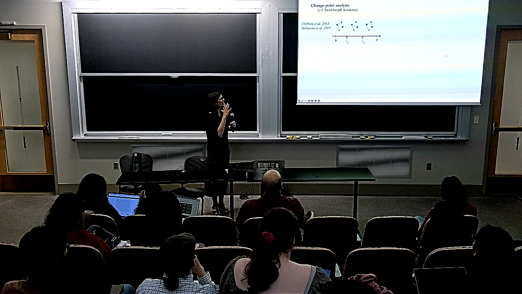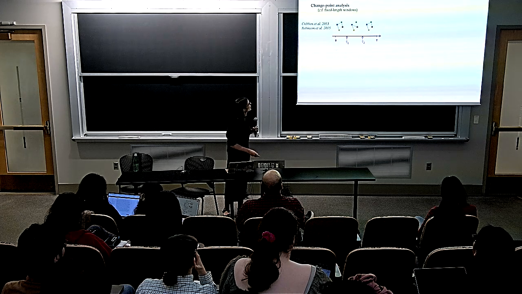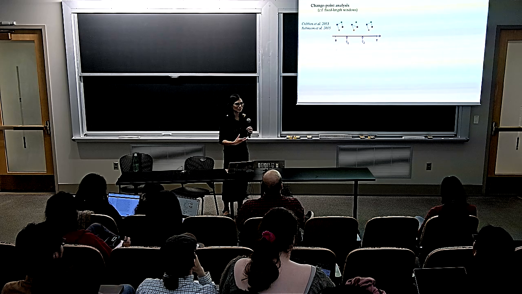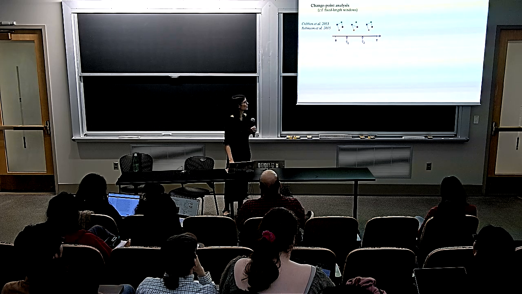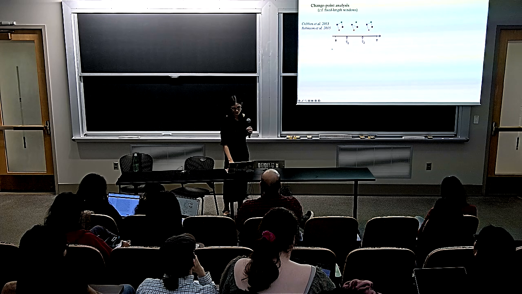In this slide, I'm presenting a collection of various methods that have also been applied in the field. There are quite a few different approaches developed at this time. One additional class of methods is change point analysis.